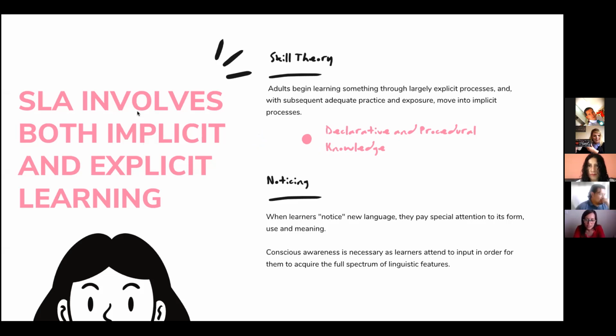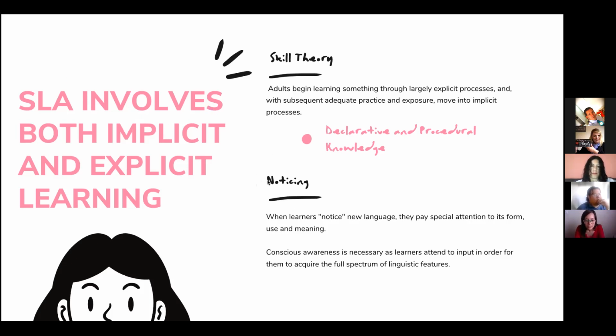The declarative is where they're exposed to explicit knowledge, and then it is internalized, and then it continues to the procedural knowledge. Here, students have to understand how it's used, the action of what they were taught, of the input, in order for them, with exposure and practice, to actually acquire more language more naturally.